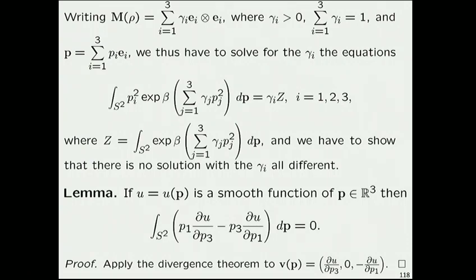Apply the divergence theorem to this vector: du/dP3, 0, minus du/dP1. Its divergence is 0. So using the divergence theorem, this vector dotted with the normal integrated over the sphere has got to be 0, but the normal is P. That's where you get that this integral is 0.